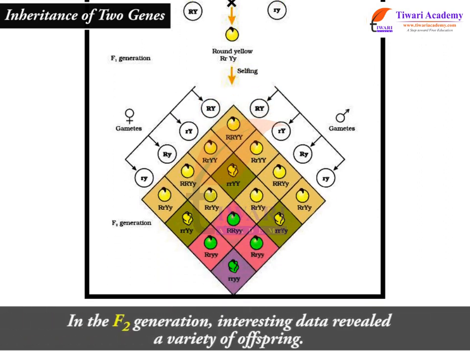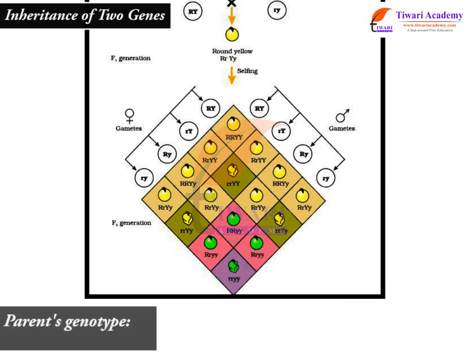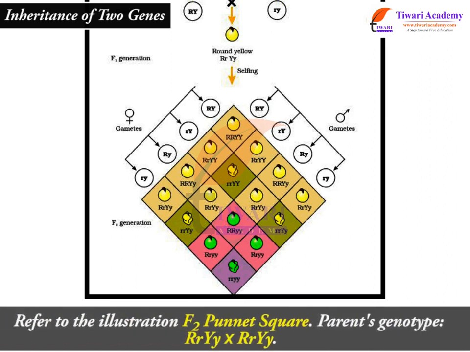However, in the F2 generation, interesting data revealed a variety of offspring. Refer to the illustrations F2 Punnett square. Parents' genotype capital R, small r, capital Y, small y into capital R, small r, capital Y, small y.